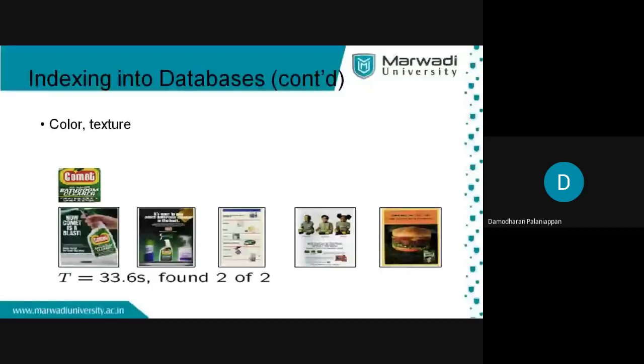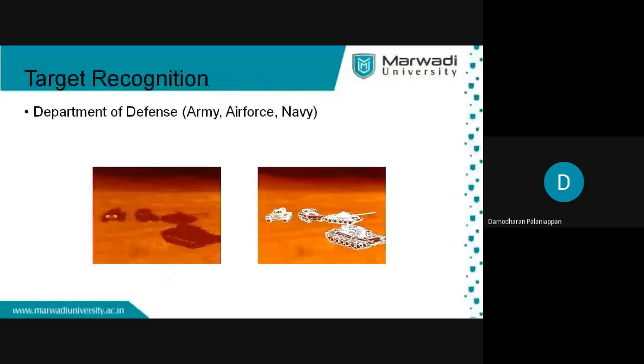The next is identifying an object in the night or in the daytime. It is mostly used in defense. It is able to identify an object more than 5 to 6 kilometers away, whether it is daytime or night time. This is called recognition of an image. It is also an application of image processing.